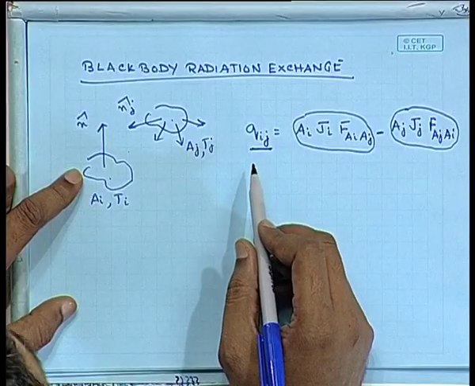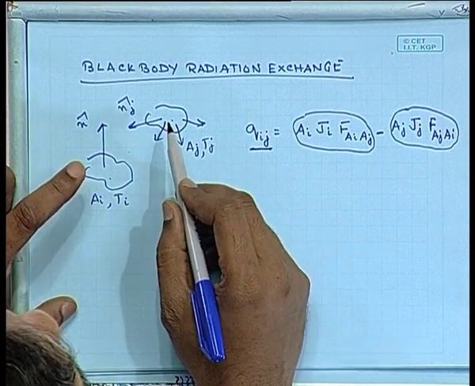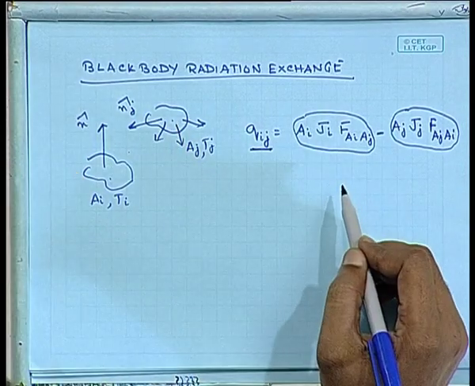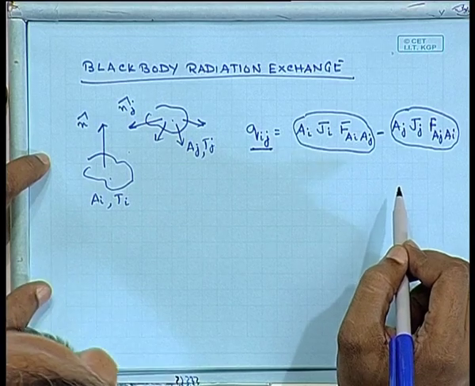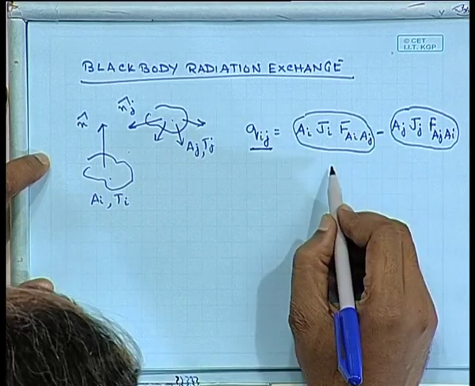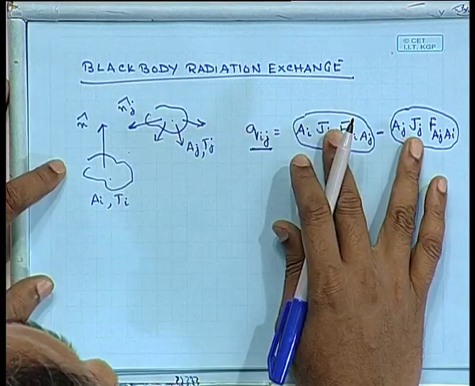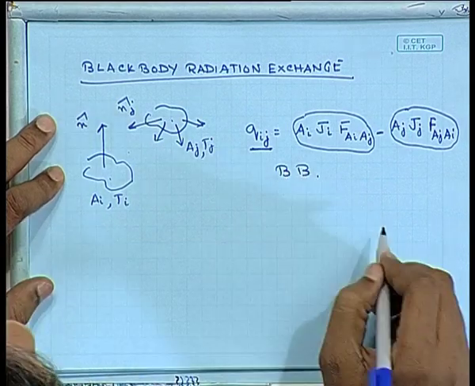If in addition we impose the condition that these two surfaces are black bodies, then what is the simplification that you can make in this expression? Ji would be equal to, both of them are black bodies now. Previously they were real surfaces, now I am making the restriction that both are black bodies.